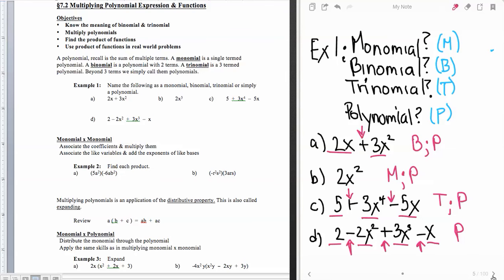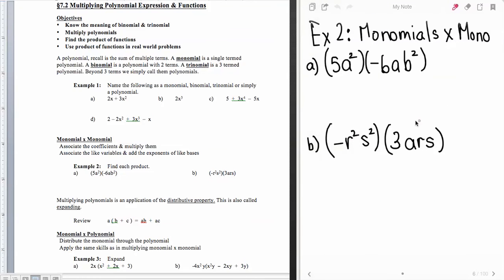All right, now moving along, let's review our distributive property, and let's review our monomial times monomial, which we actually did in section 7.4 when I covered that. So remember, what we did is we used the associative and commutative properties of multiplication to multiply these.